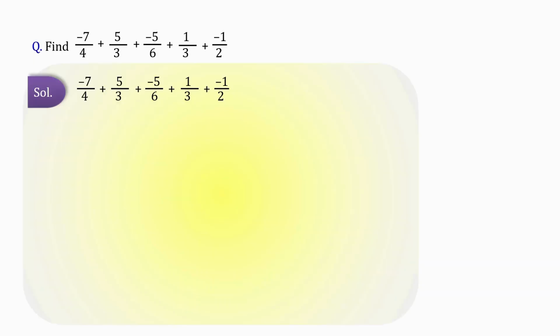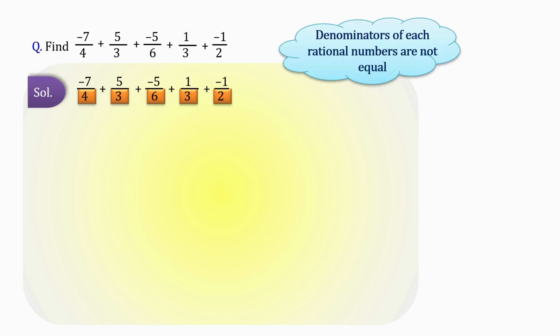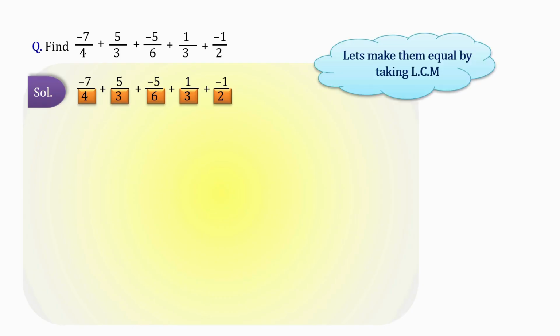Let's move to the module number 12. Find this. So let's take step by step. So here all the denominators of the rational numbers are not equal. So we have to take the LCM of it to make them equal.